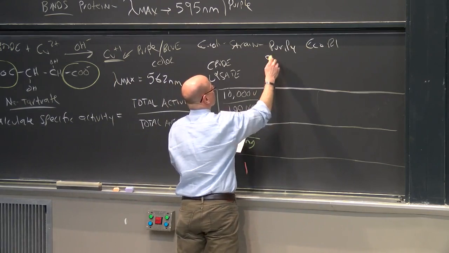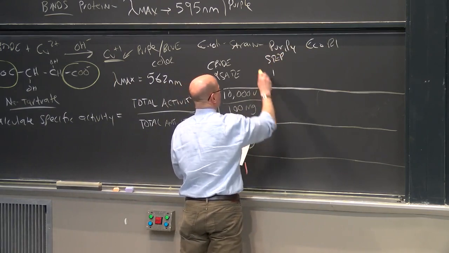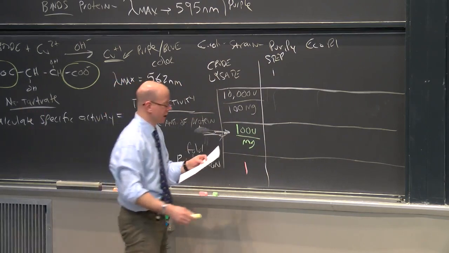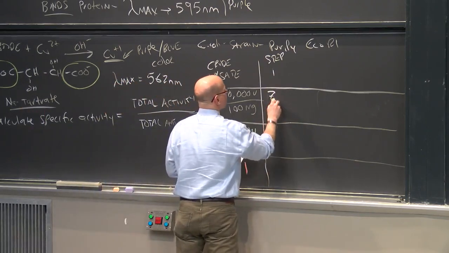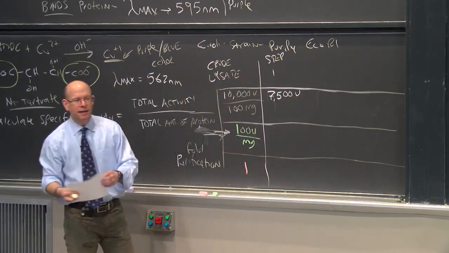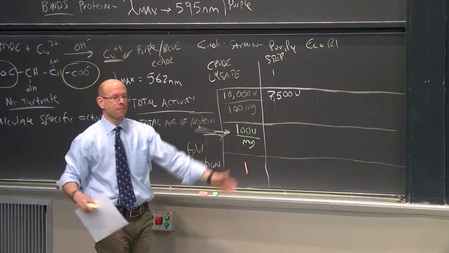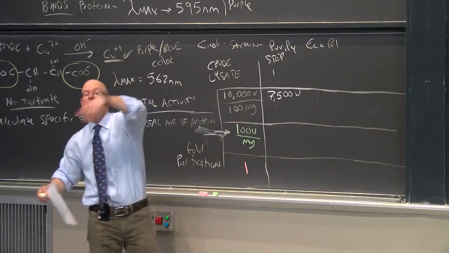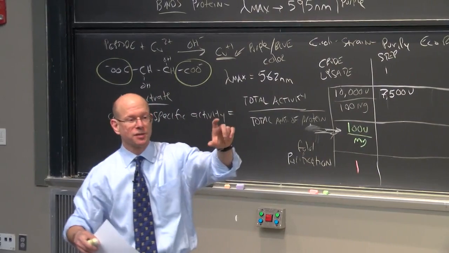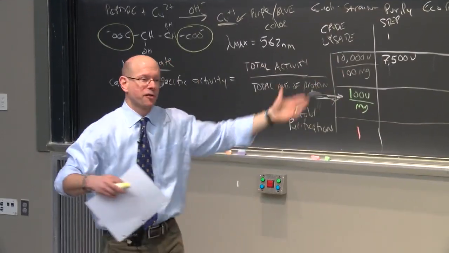I do some purification step, step 1. This might be an ammonium sulfate cut. Okay, and when I do this, I end up with 7,500 units of activity. Why? Because no purification step is perfect. I lost some of my enzyme purifying it. Just like you know from chemistry, when you try to purify something that you've synthesized, you don't get 100% yield.